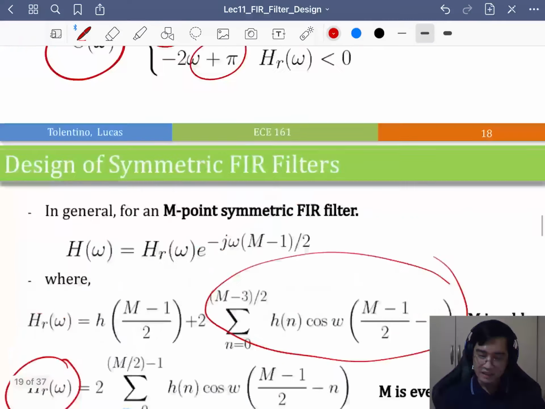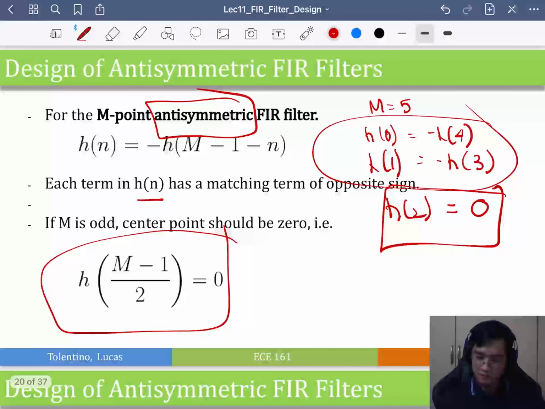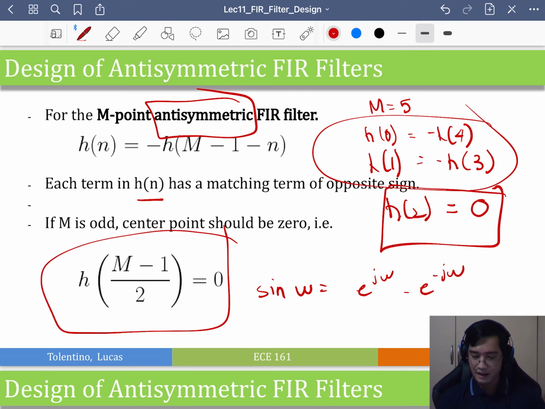And we can deduce, recall, sine omega is e to the j omega minus e to the minus j omega over j2. I think this is the formula. Just check if this is correct.